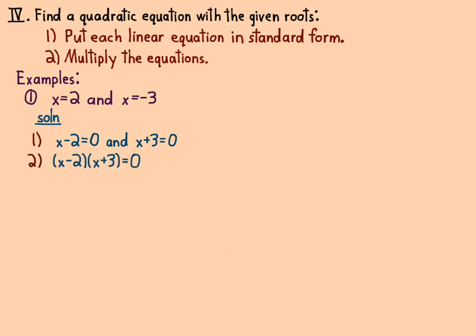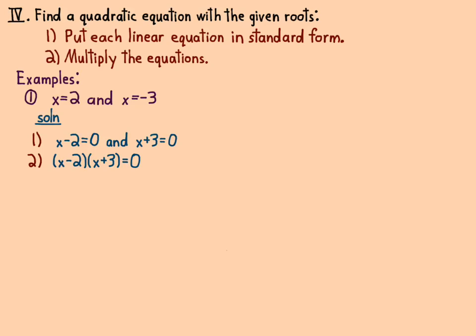So that first step is really important. People get confused if they don't do that first step, especially if the root is more complicated, like it could be 5 minus i, or 5 plus square root of 3, right?